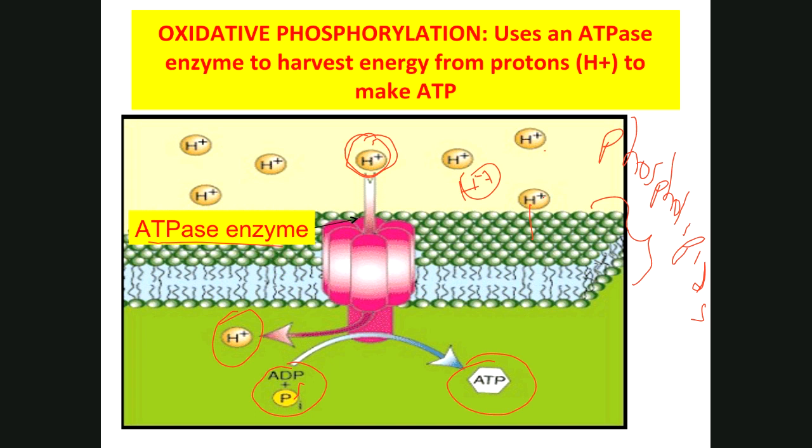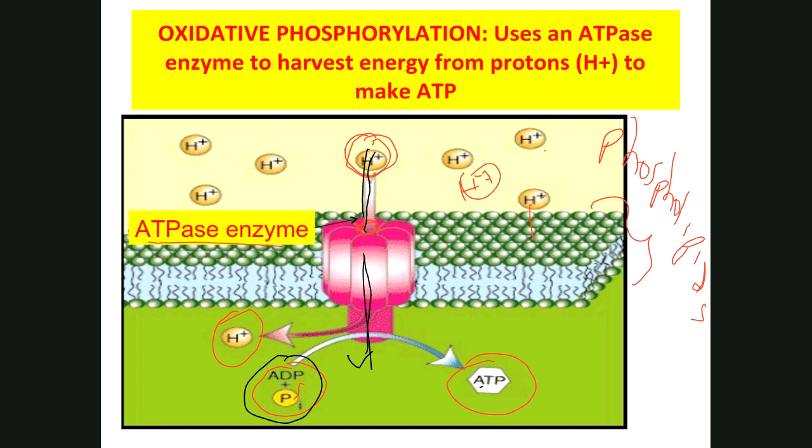However, the enzyme ATPase allows for the transport of hydrogen ions, and as hydrogen ions go through the enzyme, they make possible the coming together of the ADP and the phosphorus to make ATP.